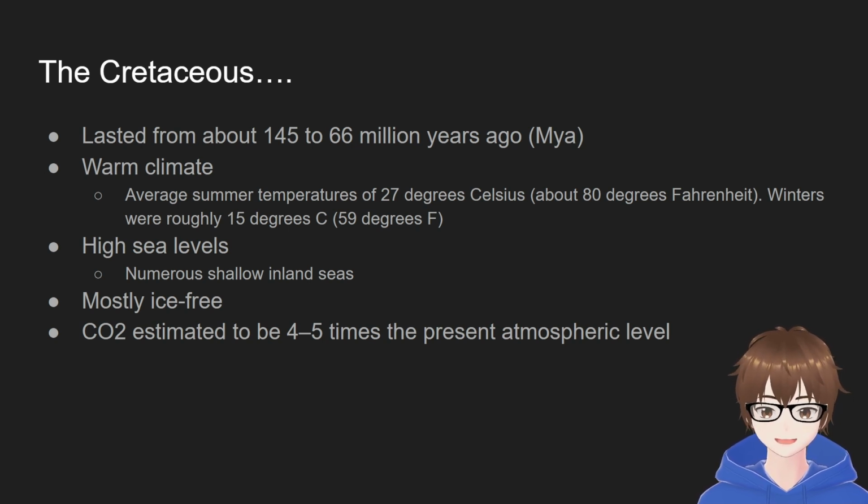So there's 4 to 5 times more CO2 than there is now, which, as I said before in my last educational video, whenever there's more CO2, the greenhouse effect comes into play, and it traps more heat here on Earth. So that's the reason why it was so much warmer.